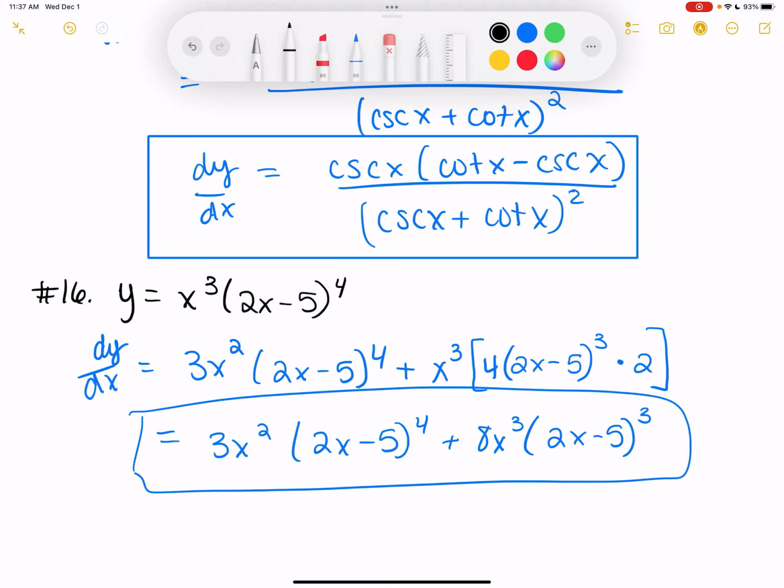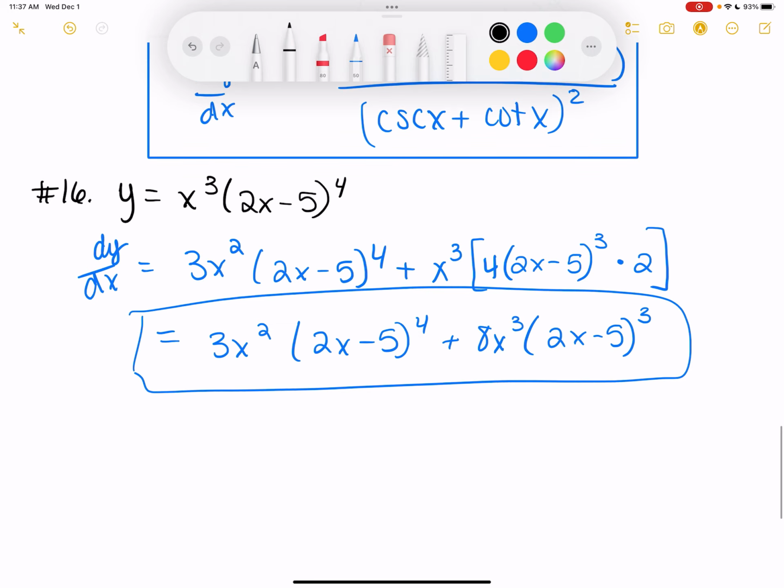All right, so this next one's going to be a little different than ones that we've seen so far. So 18 is y is equal to 4 times the square root of secant of x plus tangent of x.